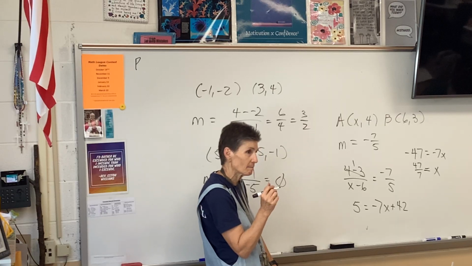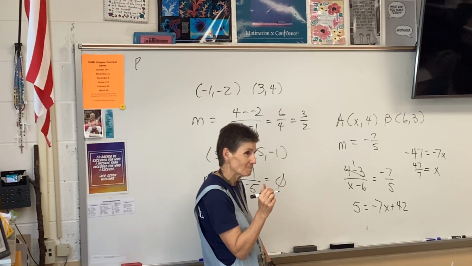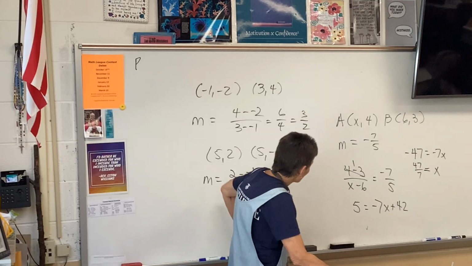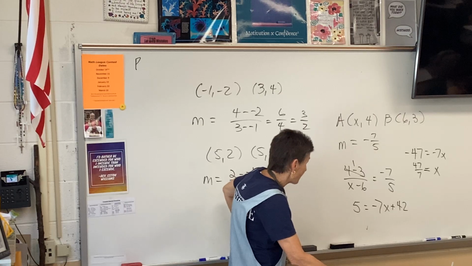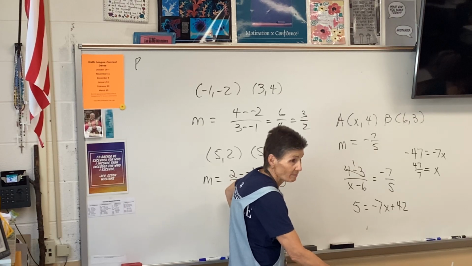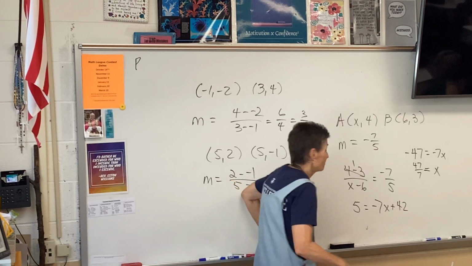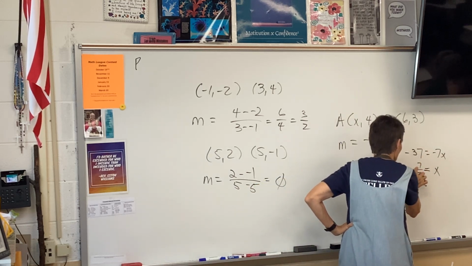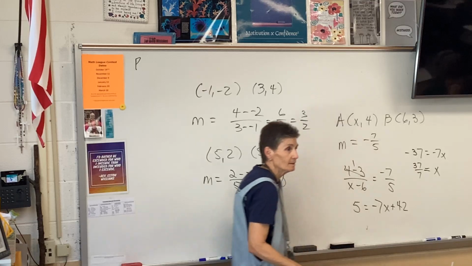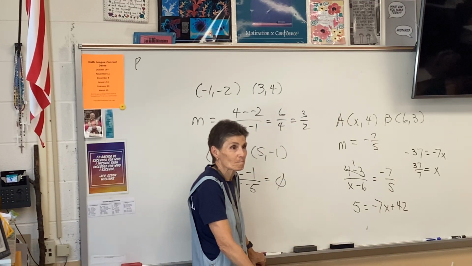Did I make a mistake? Well, minus 42. Yeah, so that would not be 47, that would be 37, right? Thank you. That's why you were looking at it funny. I was wrong. Is it better now?